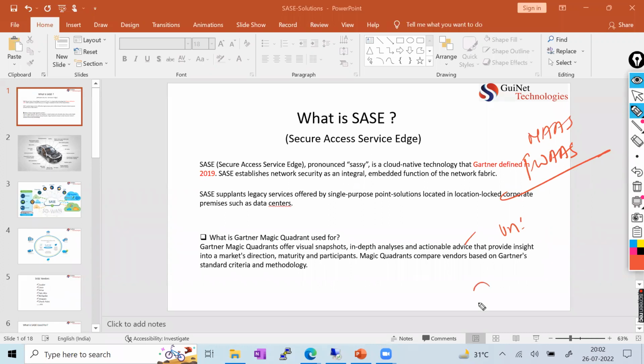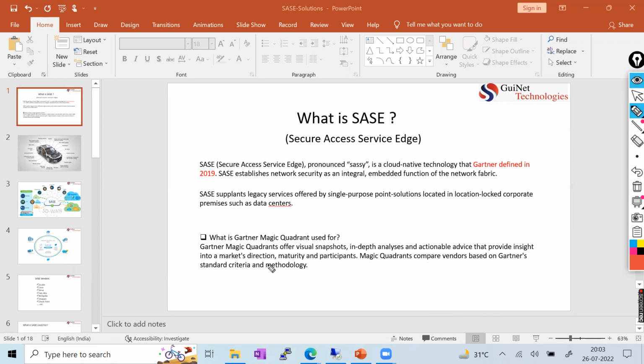Once traffic goes from A location to B location, it is not just a network; it also has the firewall capability, which checks what is behind LAN A talking to the server behind LAN B. All the parameters are verified and checked, and then the communication is allowed. So this is the basic concept I talked about, NAS and FWS, firewall as a service and network as a service.